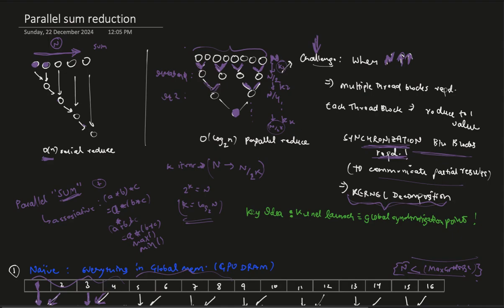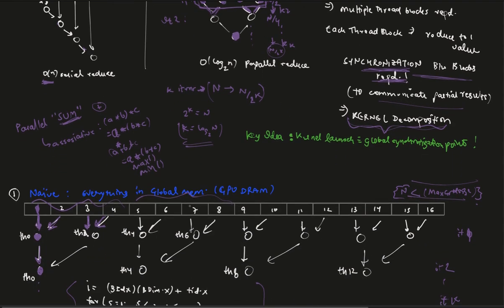After each kernel invocation, we have an implicit synchronization of all the results. So after each kernel call, we are sure that all of these results are synchronized. For example, after kernel 1 is called, when kernel 2 is called, we are sure that the values here are correct.